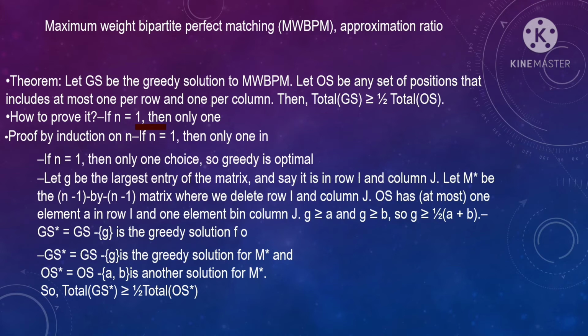G is greater than or equal to A and G is greater than or equal to B, so G is greater than or equal to 1/2 (A plus B). GS* equals GS minus G is the greedy solution of M*, and OS* equals OS minus A and B is another solution.